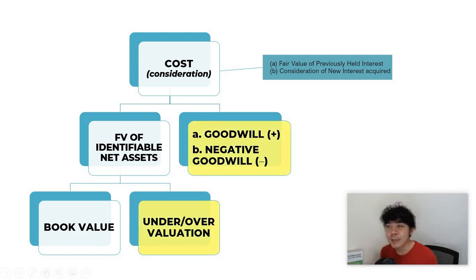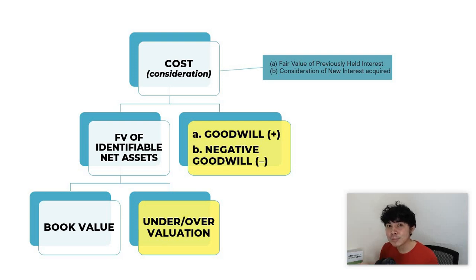So ngayon, etong dalawang to, yung total nitong dalawang to, ito yung tinatawag nating excess of cost over the book value. Again, etong dalawang to is the excess of cost over book value. So, ano ang ibig sabihin nun? So, mamaya malalaman natin kapag in-apply natin tong analysis or assessment under paragraph 32 dito sa ating problem.